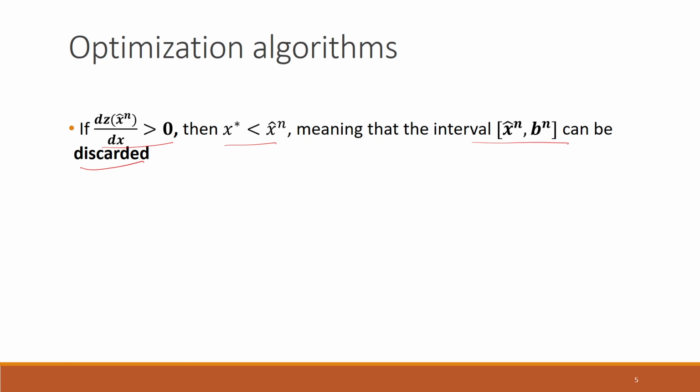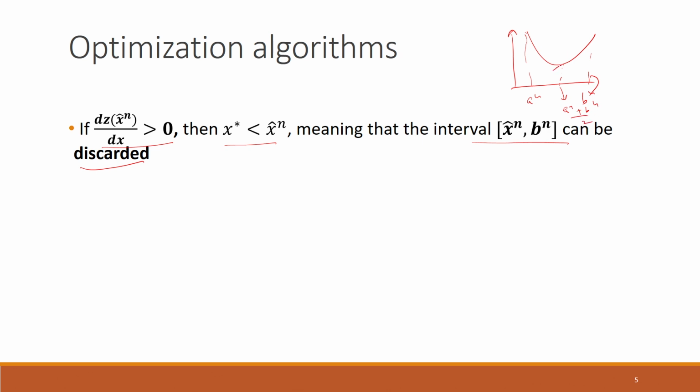Again, as shown in this diagram, suppose this is the objective function we are minimizing, this is a_n, this is b_n, and the middle point is somewhere here, (a_n + b_n)/2.